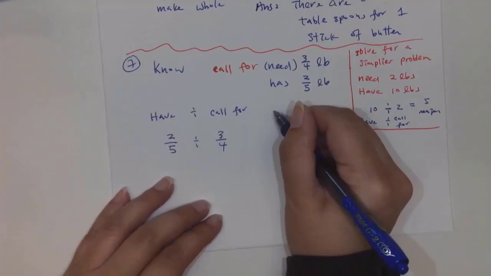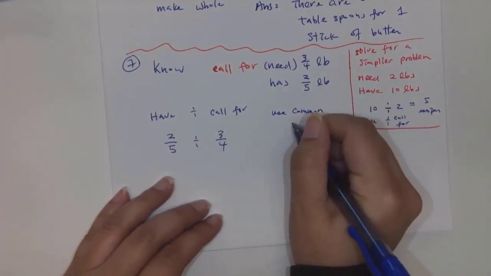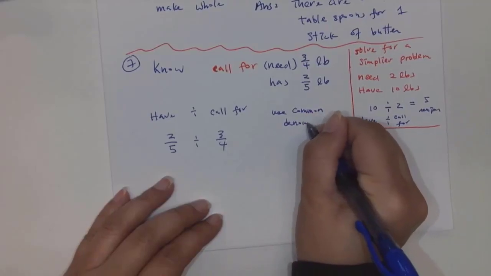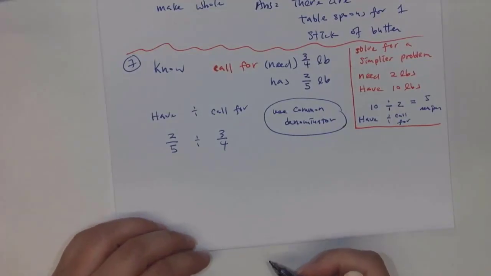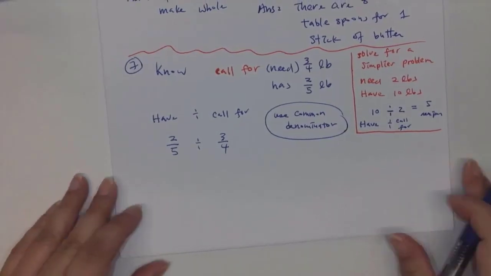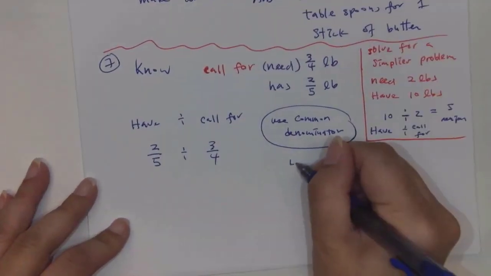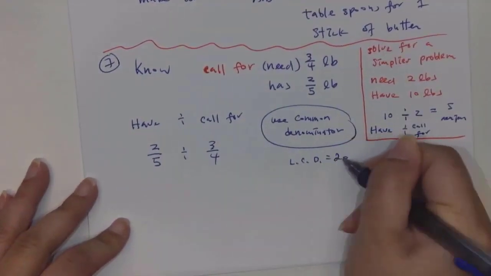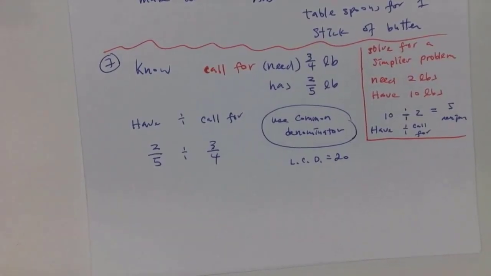So if I use common denominator, which I will probably put on the test, how do I do this one? The LCD for this one is going to be what? 20. So LCD equals 20. Can you go ahead and try this for me? Get both of them at 20 as denominator and then divide straight across.